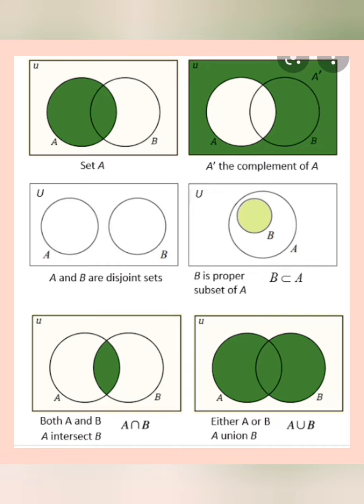If A and B are disjoint sets, you need to write them separately like this. There is no overlapping here. They should be written separately and there is no shading for disjoint sets. Okay.